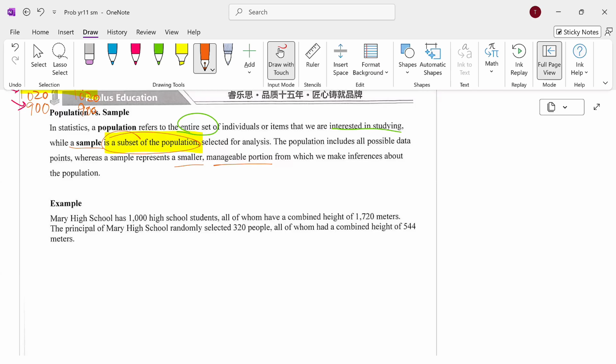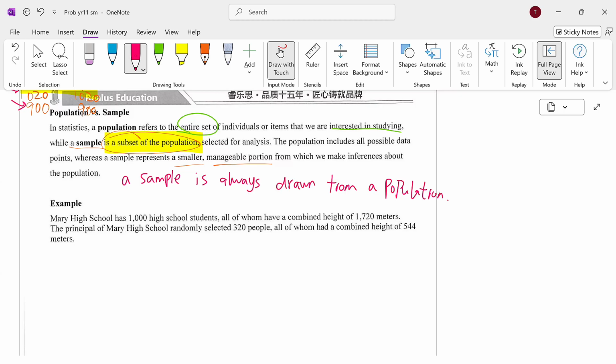The key point here is a sample is always drawn from a population. That's the key concept here.